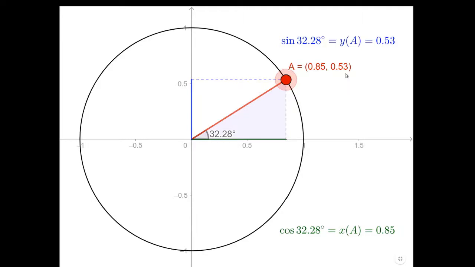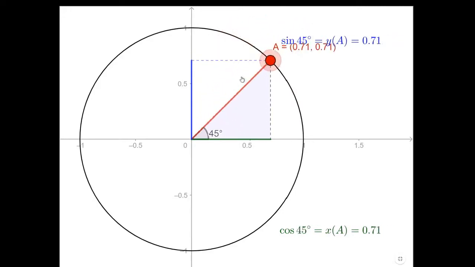That means when you draw a graph, you already have experience of drawing graphs, and you know what the x coordinate and y coordinate are. So what you learned as some ratios some time back are actually the x coordinate and y coordinate of a point on a unit circle.